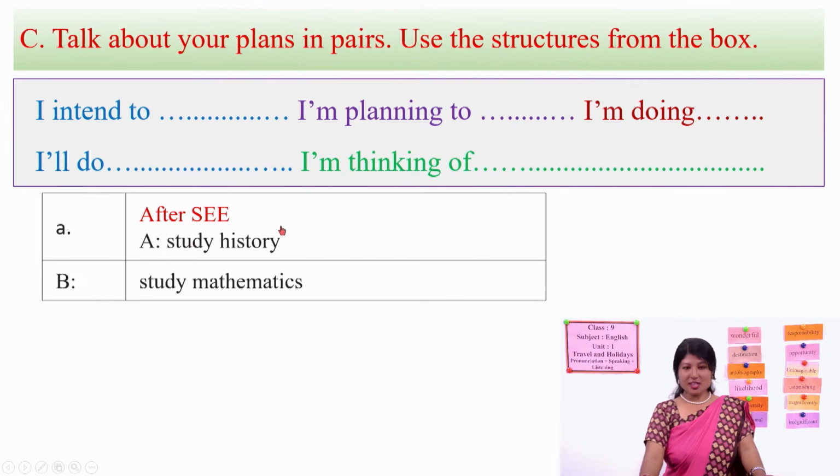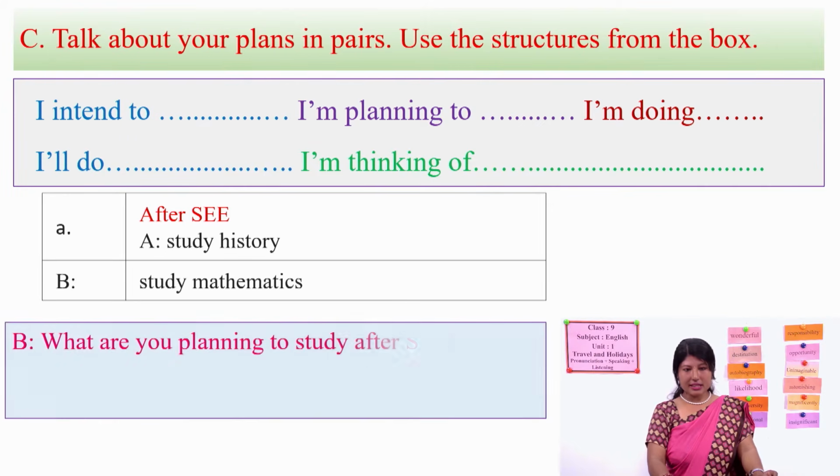Now some clues are over here. You have to create dialogues on the basis of them. Example for after C: study history, study mathematics. A says study history, B says study mathematics. So you can create it like this.